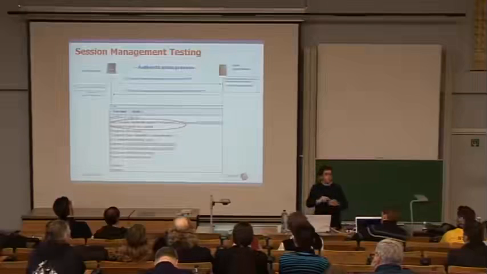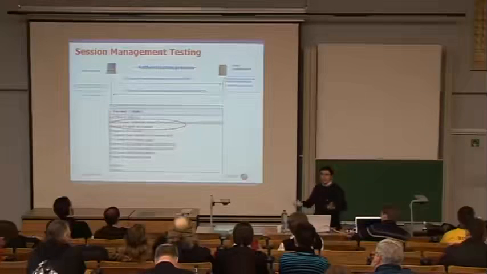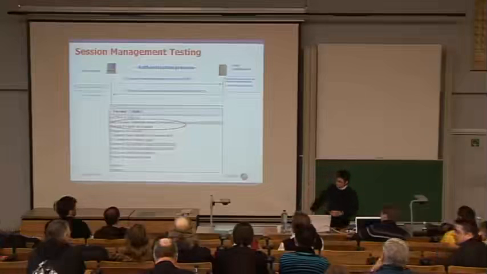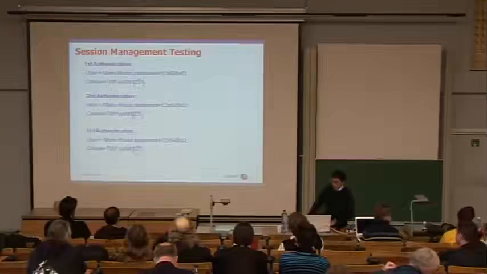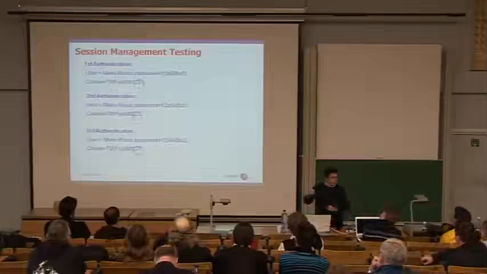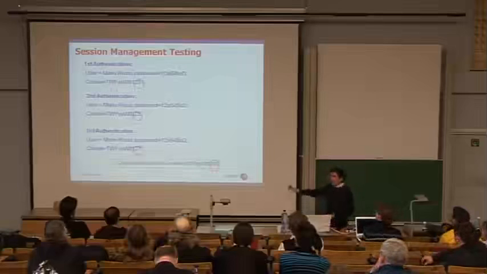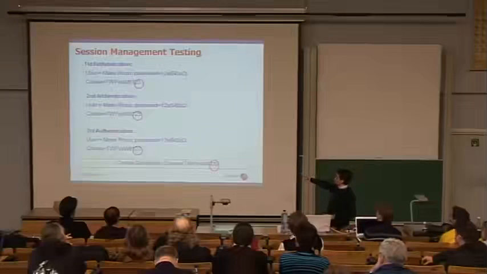Maybe the application generates the same cookie every time, or there is a linearity in the generation. Here is a very simple example. If I collect a lot of cookies, I can understand that there is a linearity in the generation, so I can understand that the next cookie is that one, just plus 2.